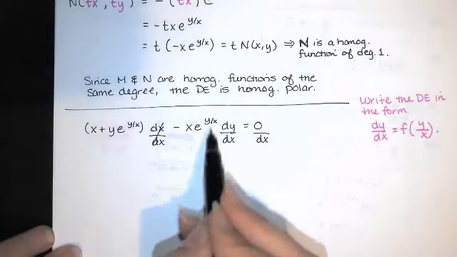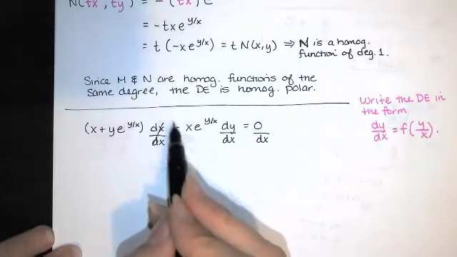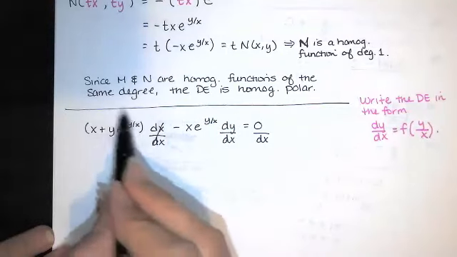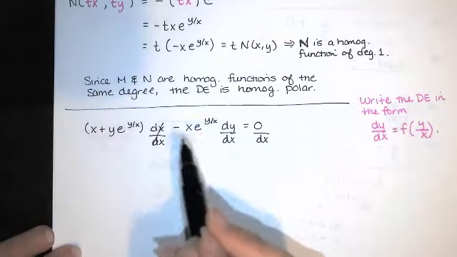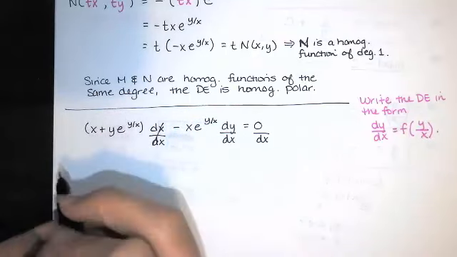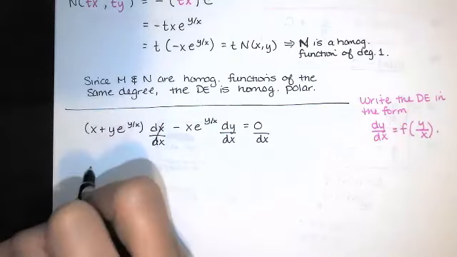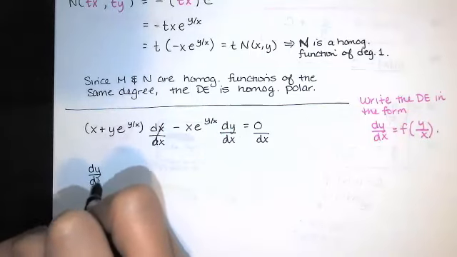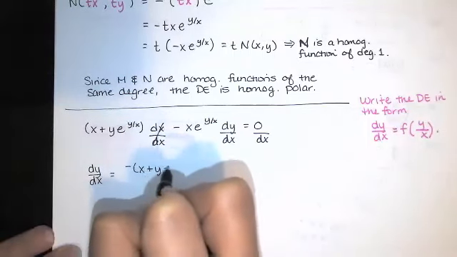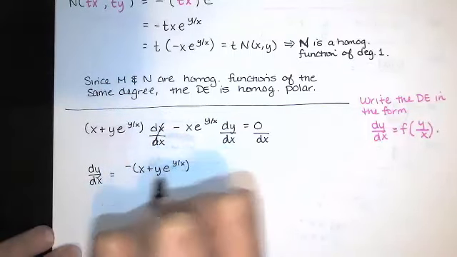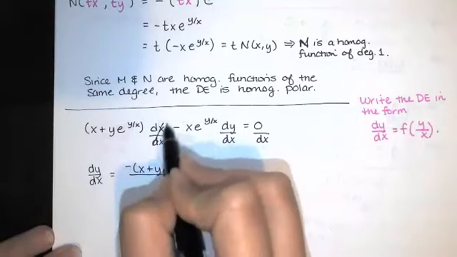If I'm trying to get dy/dx by itself, first I need to isolate this term by subtracting this from both sides. And then since this is multiplied by this, we're going to divide. So we will get dy/dx by itself first by subtracting this from both sides, and then by dividing both sides by that.